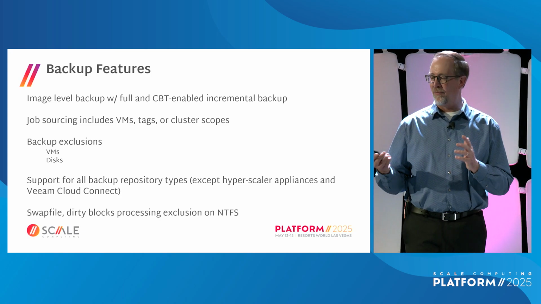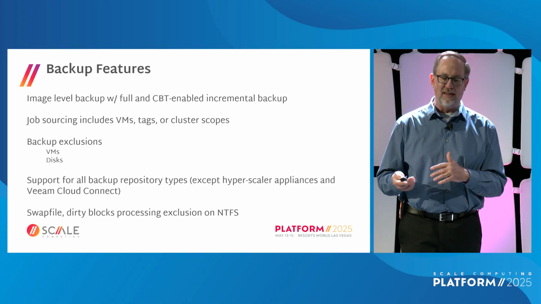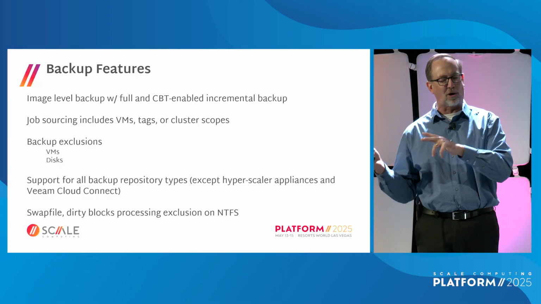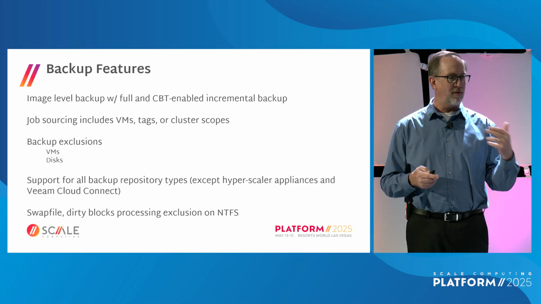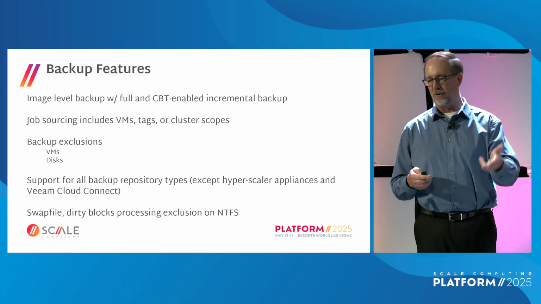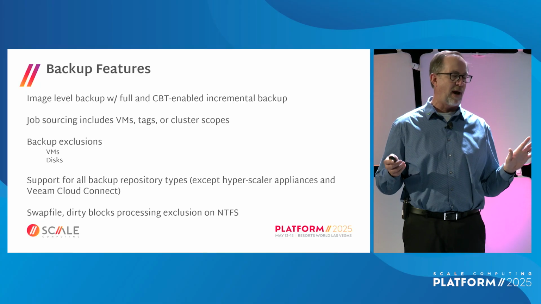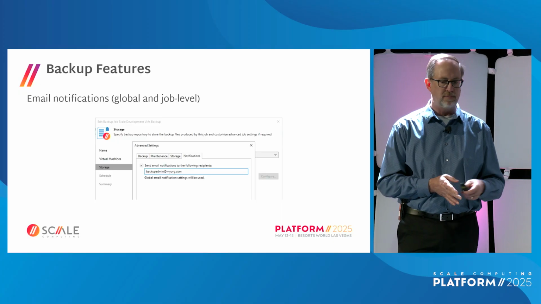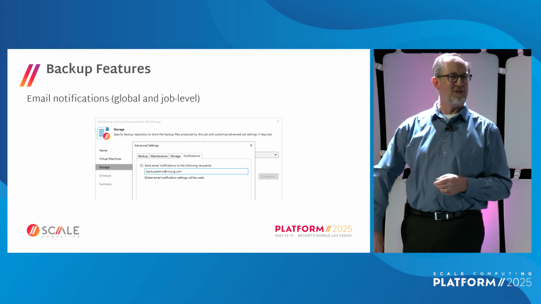And then for backup efficiency, we're supporting what we call BitLooker as opposed to BitLocker, which for NTFS file systems, if the block is marked for deletion, if it's the page file, we won't attempt to back those particular blocks up at all.